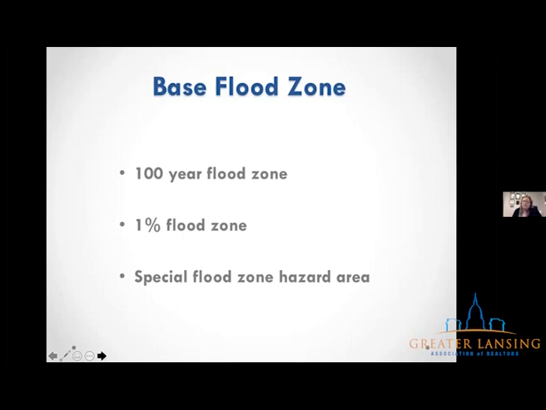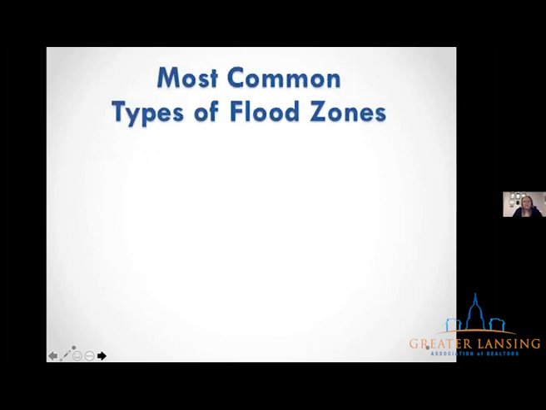They also call it the base flood zone or the special flood hazard area, but they are all interchangeable terms, okay? Now, the most common flood zones are A coupled with something, and that's a studied area. And those, for the most part, if we've got a flood zone with an A and something else with it, most of the time I can get you out really quick, okay?